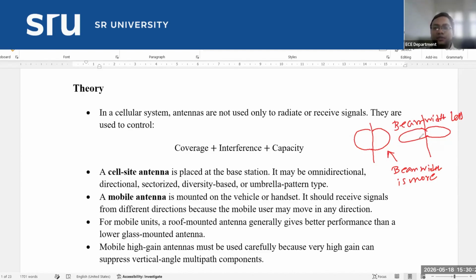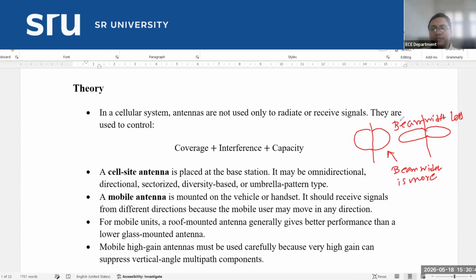That is true. But if the beam width is very thin, I mean, for making the gain high, then what will happen? It can only receive or transmit signals through a very narrow aperture. And as a mobile transmission is not a directional communication, it is an inherent multipath communication.